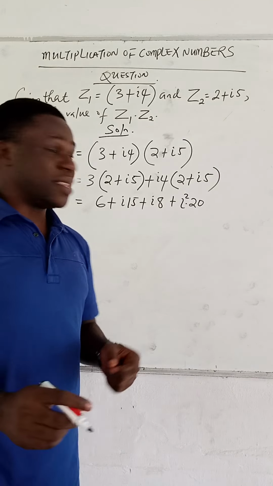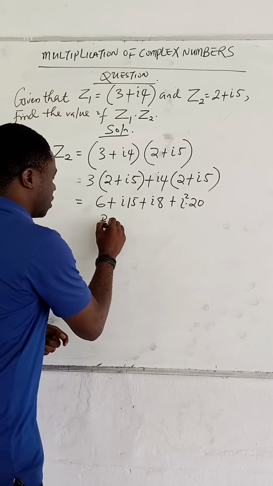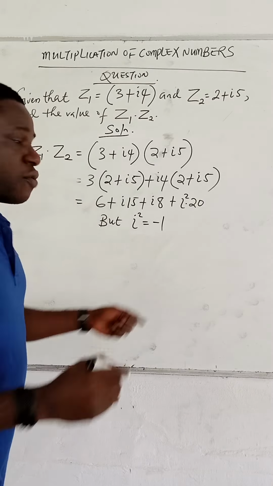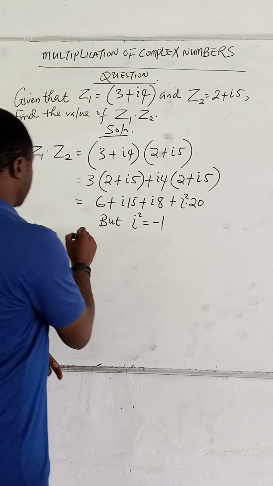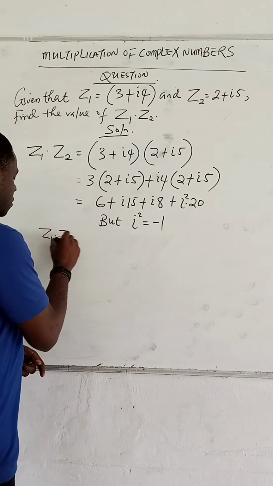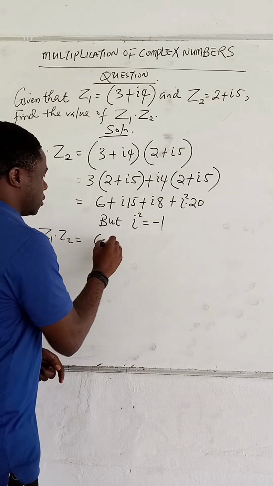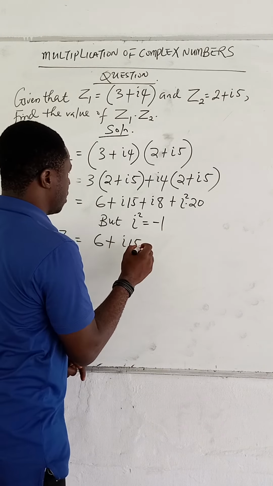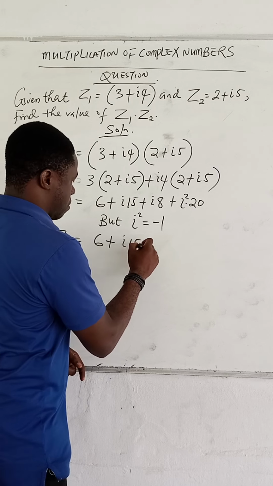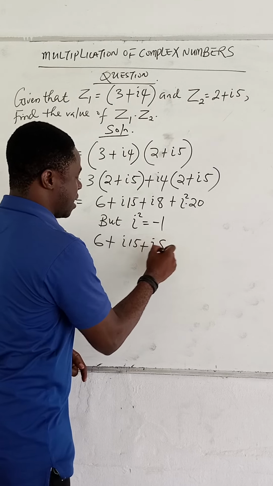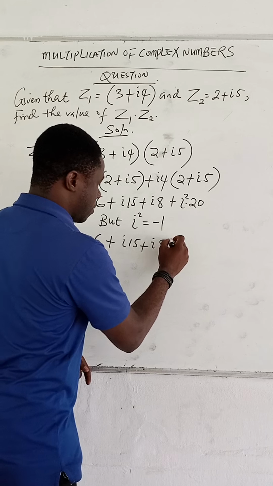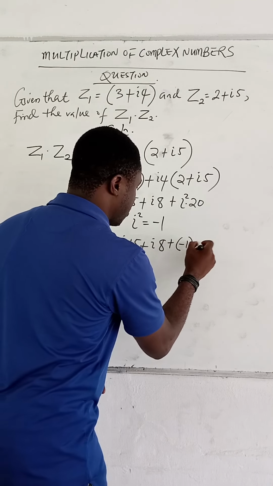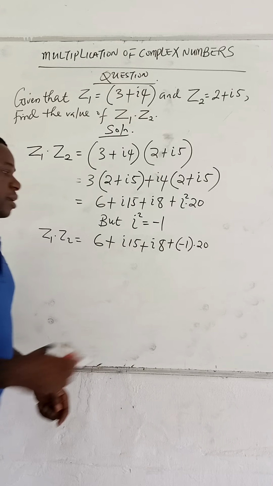Remember also that i squared is equal to minus 1. So if we make the substitution, it becomes 6 + i15 + i8 plus, here is minus 1 multiplied by 20.